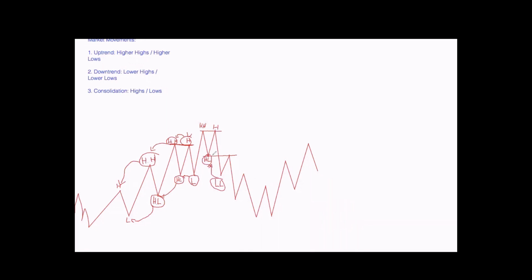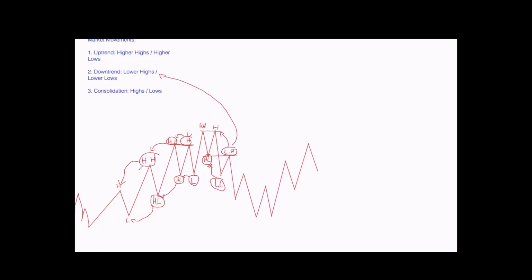It's as simple as that. Now, once the market came up and formed a high, it formed a lower high, because this high is lower than our previous high. So now we've already identified we're in a downtrend. You see? It's as simple as that.